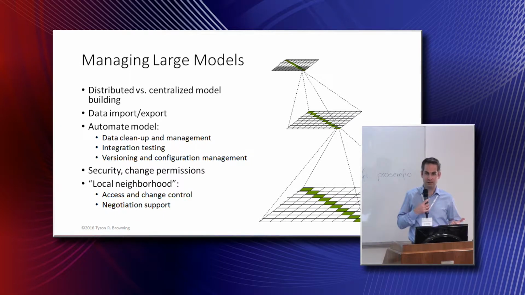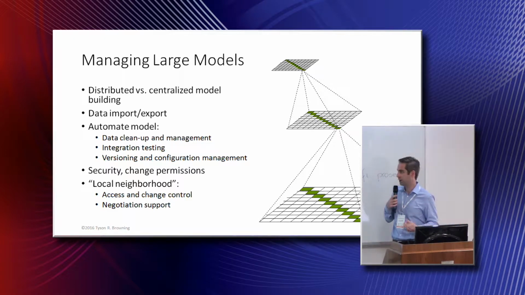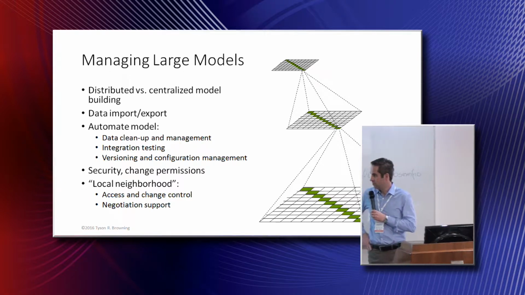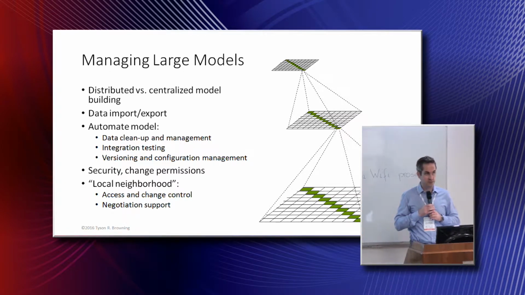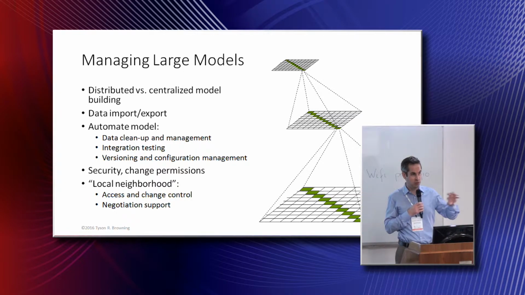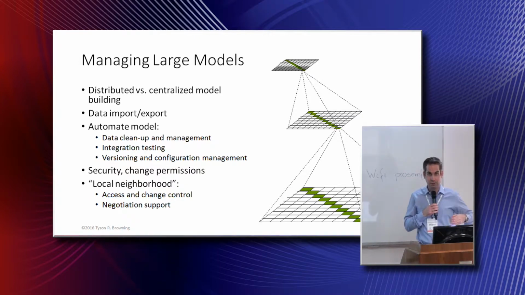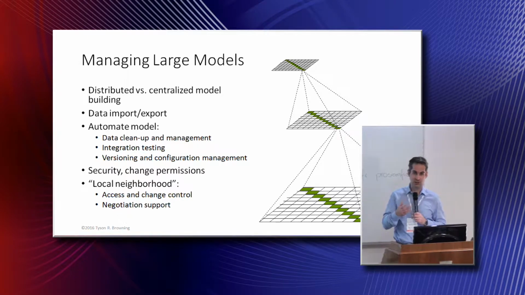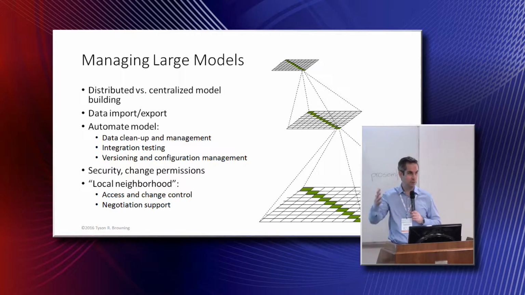And so you would want to think about how you would protect the information in a valuable model. And then this idea of a local neighborhood, maybe these permissions are granted only to change or see parts of the model, not all of it. Different parts of the organization, different teams, different people get to see some part of it, but not the other part of it. Or they get to change their part of it, but not everyone else's part of it.